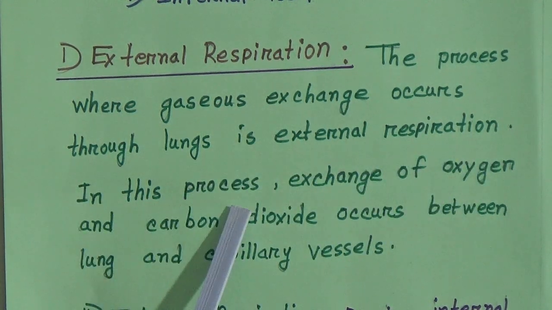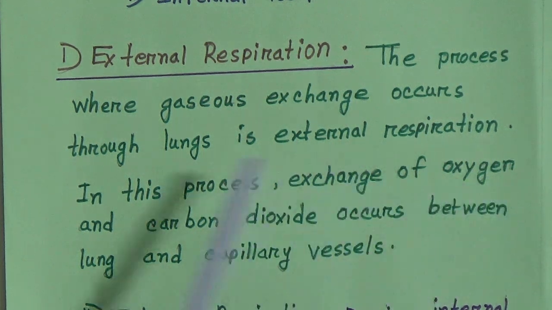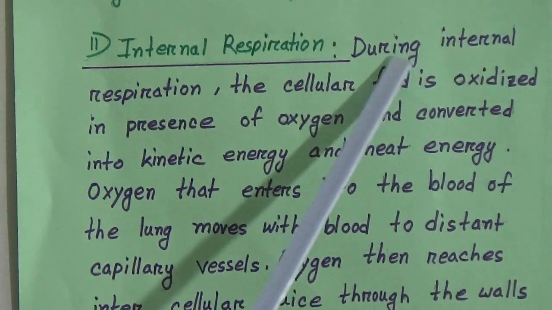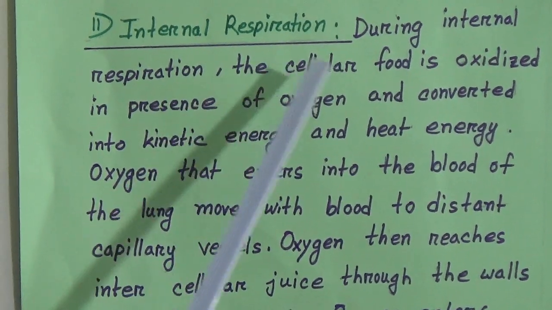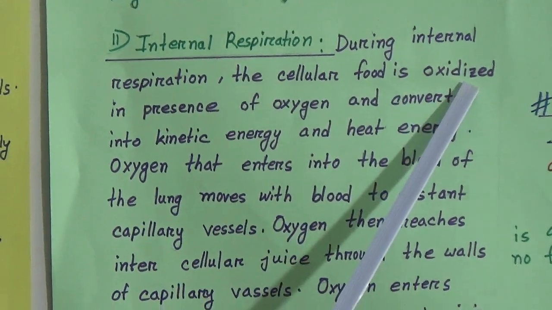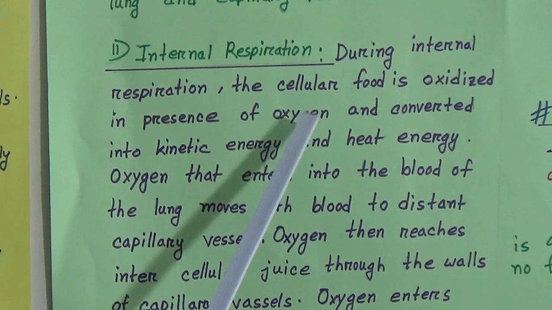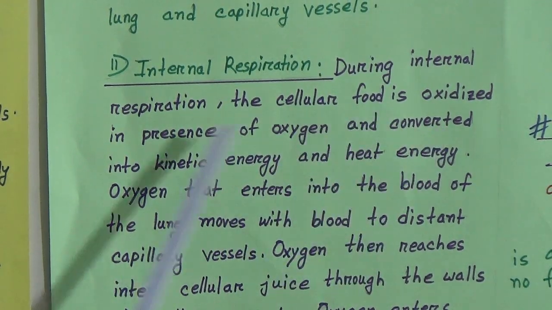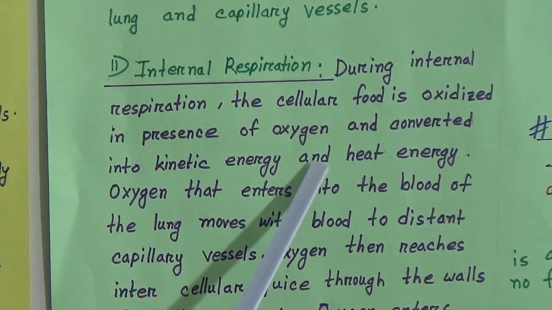In this process, exchange of oxygen and carbon dioxide occurs between the lung and capillary vessels. Internal respiration. During internal respiration, the cellular food is oxidized in the presence of oxygen and converted into kinetic energy and heat energy.